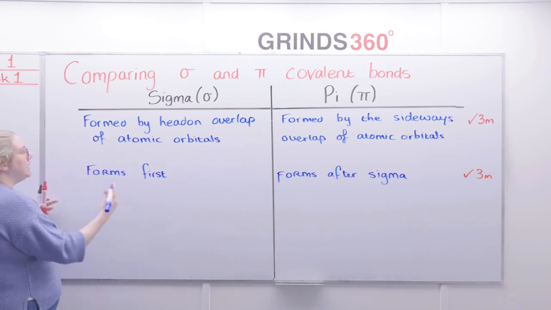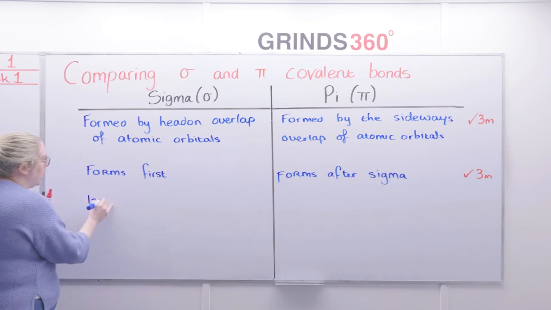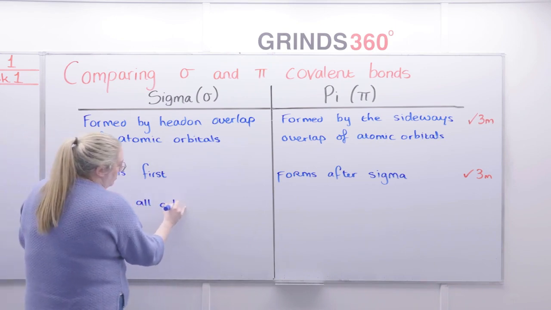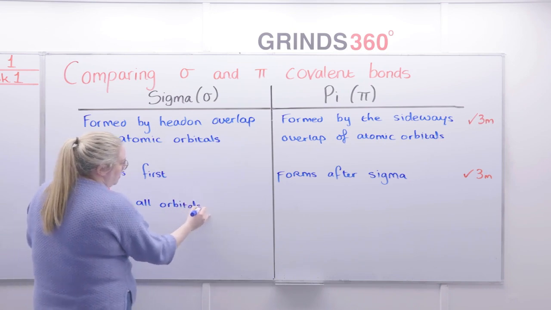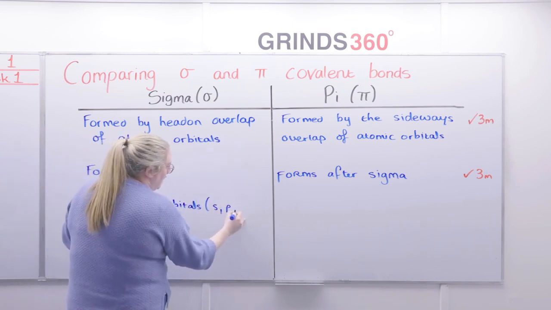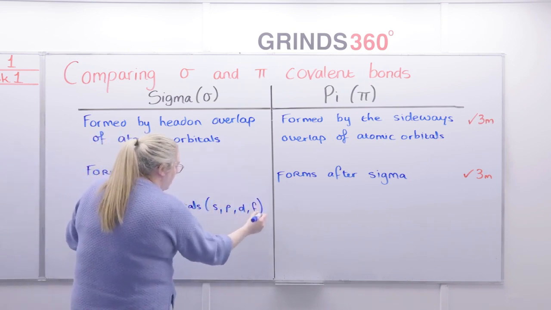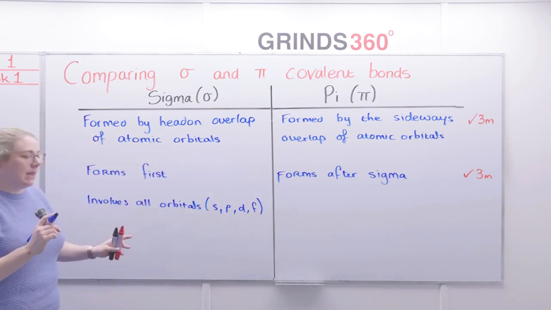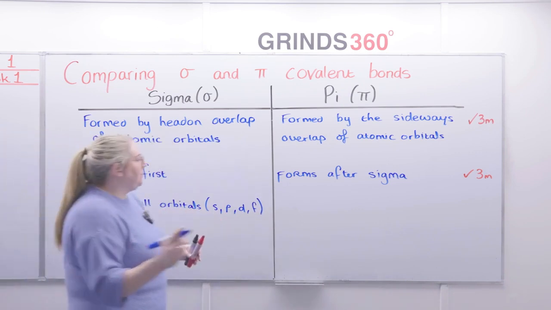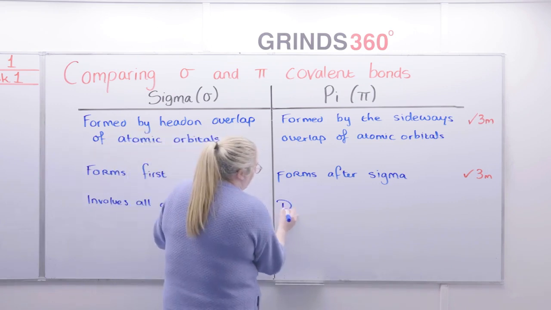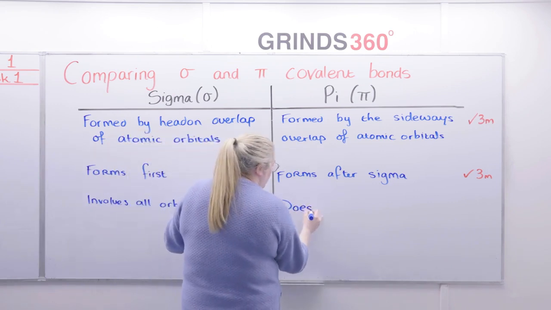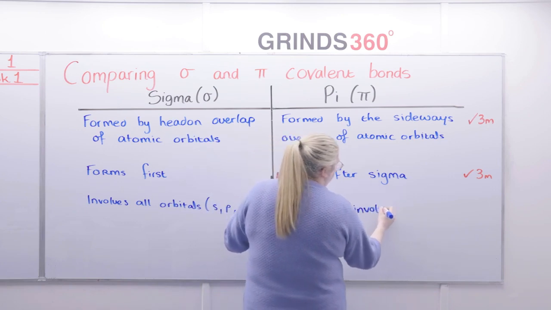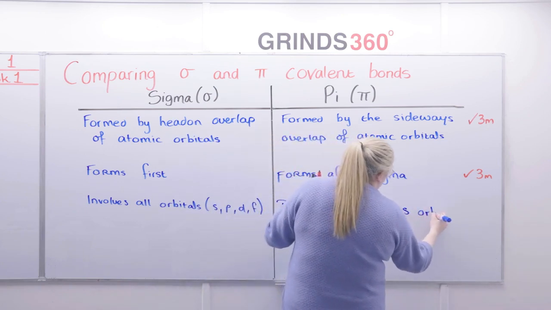So when it comes to a sigma bond, this involves all orbitals. S, P, D, and F orbitals. Now think about what orbitals can't overlap sideways. It's the S. So pi bonds does not, or pi bonding does not involve S orbitals.